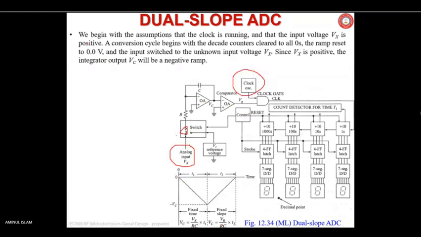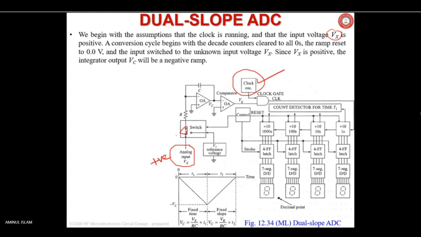the discussion for its operation. We begin with the assumption that the clock is running. This clock generator is continuously generating the clock. The clock is running, and the input voltage Vx is positive. That is the assumption. This input voltage is a positive quantity.